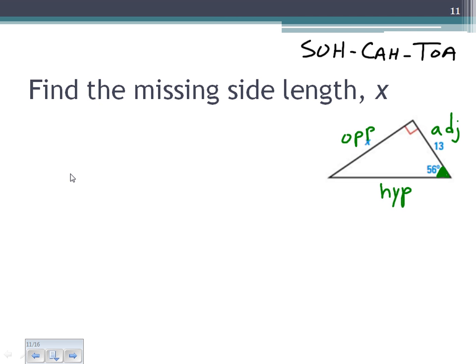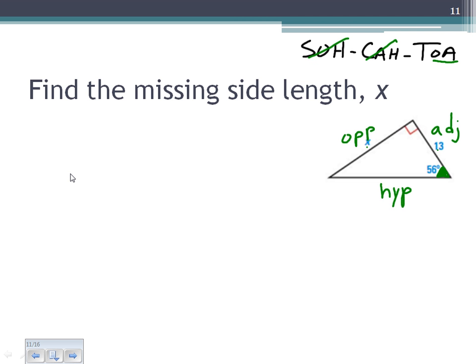Take a look at the two values that I need to find, or the values that are given. I have an x and a 13. Notice that those are the opposite and the adjacent. The only choice that has both the opposite and adjacent is the tangent. So that's how we know that we're going to need to use tangent. So for this lesson, we're doing all tangents, but for the next one, you're going to have to pick which one to use.